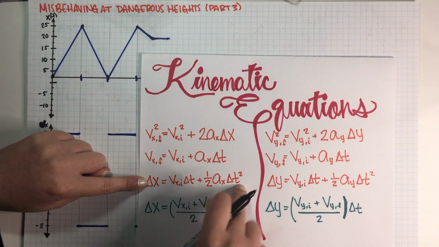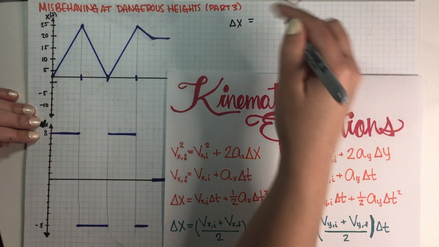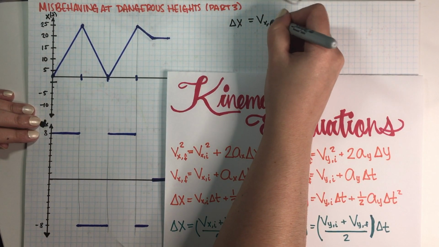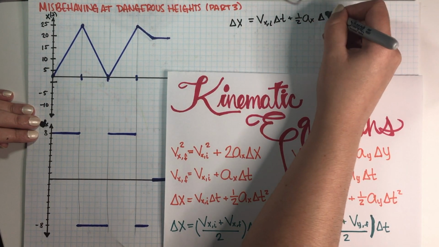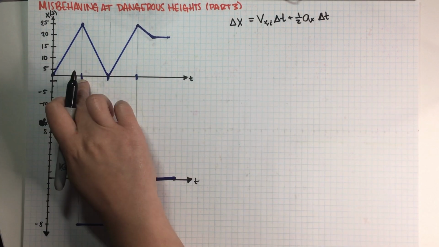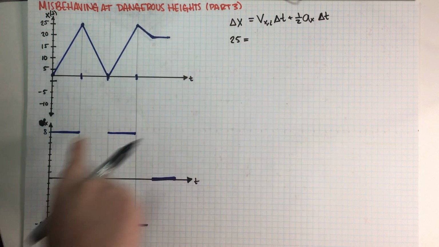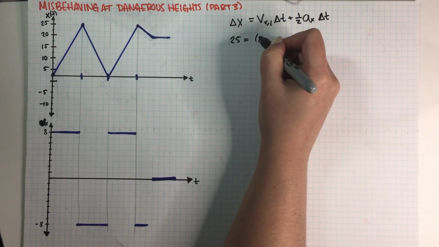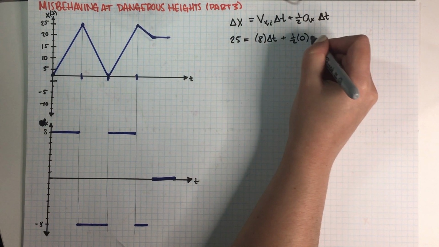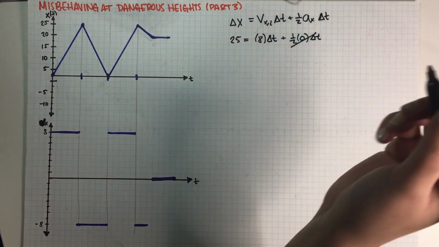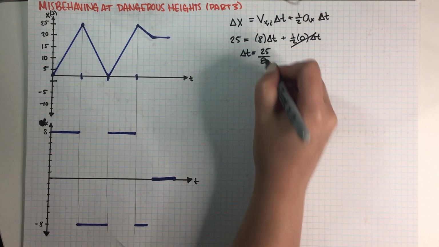So delta x is equal to vxi delta t plus 1/2 ax delta t squared. Now this part right here, delta x is equal to 25 meters to the right. Velocity in this part is equal to 8. Delta t is what I'm trying to figure out, plus 1/2 times 0 times delta t squared, so this cancels out. So delta t is equal to 25 over 8.